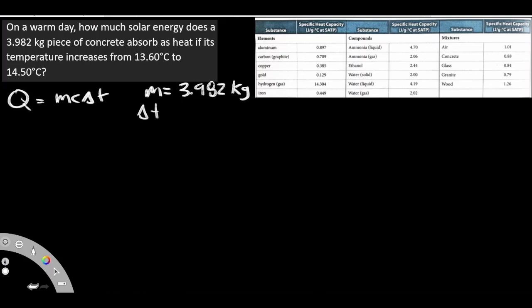Temperature increases from 13.60 degrees Celsius to 14.50 degrees Celsius. To find the change, we take the difference between the final and the initial, so this is our TF, temperature final, and this is our temperature initial. All you need to do is get the difference between the two. So you get 0.9.